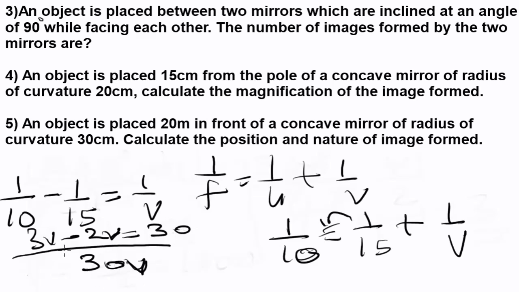So when you do the subtraction, you no longer consider the denominator, so our v, which is our image distance, will be 30.